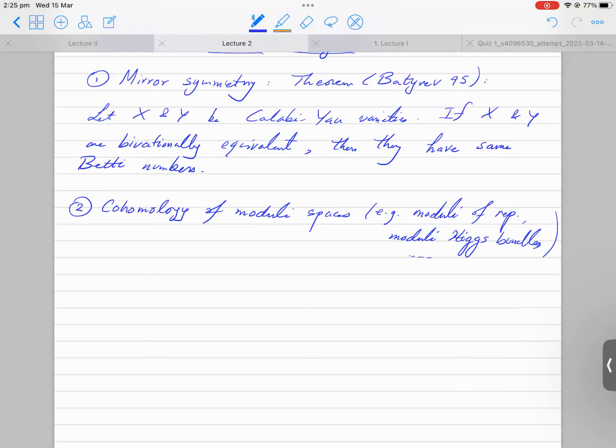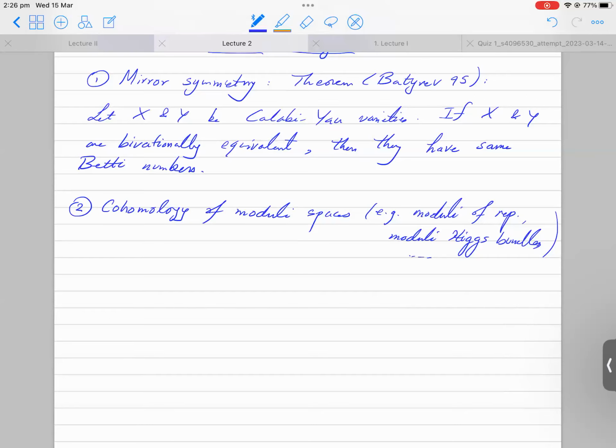Question: is the converse true? I don't know. Sorry. Right. So the Weil conjecture gives you a novel way for computing cohomology. That's the slogan.